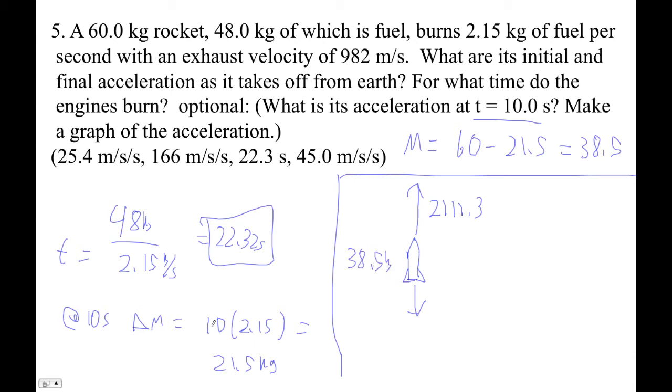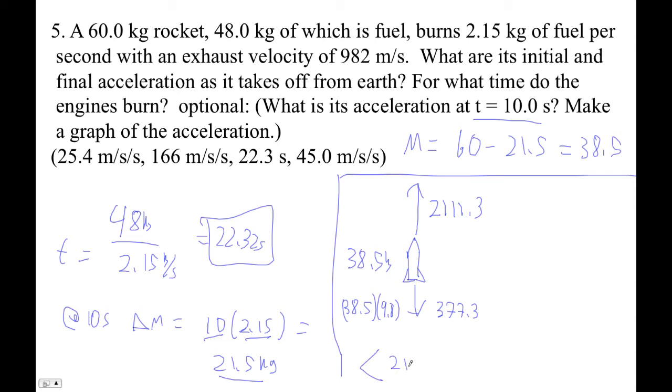We did that because in 10 seconds it burns 10 times 2.15 is 21.5. 60 minus 21.5 is 38.5. Okay, so 38.5 times 9.8, the force down, is 377.3, and now we're all set.